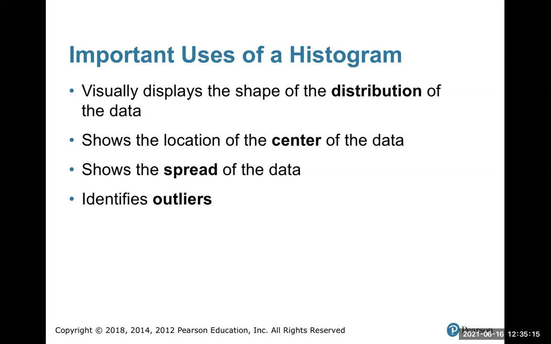The center shows where most of the values fall. With the McDonald's data, we said most of the values seem to be between 124, for example, to I think 224.5. Wherever you see most of the values falling, that's the center. Spread means where is the beginning and where is the end of the data, from where to where.